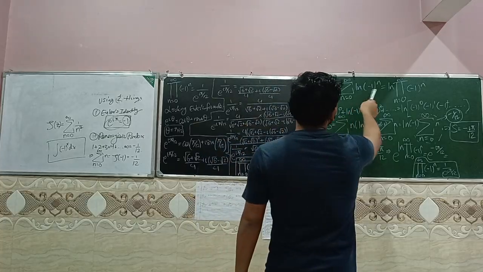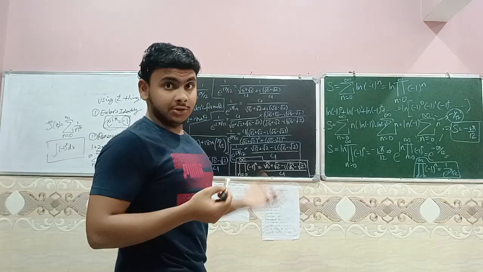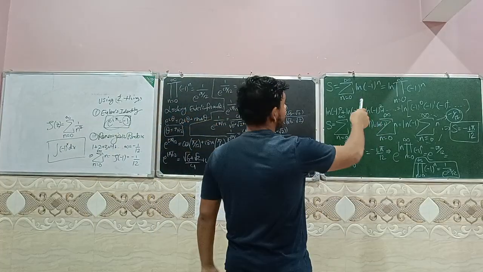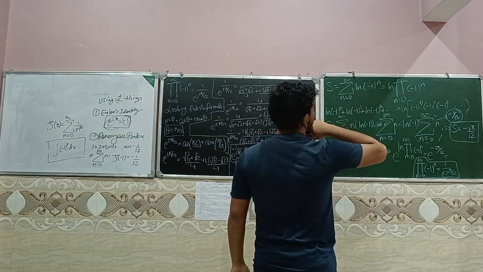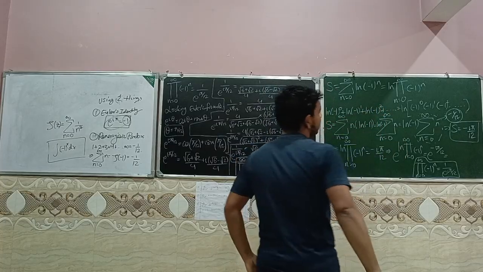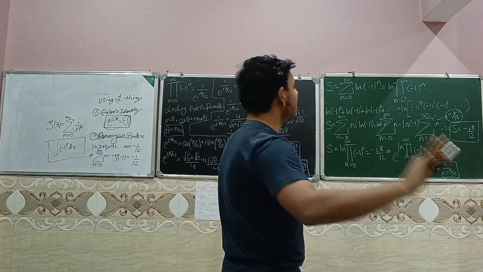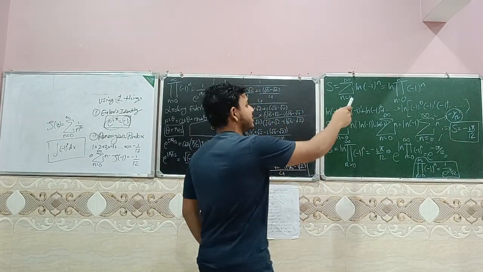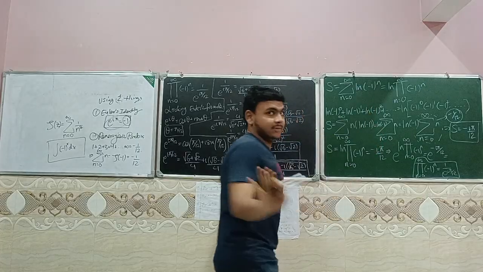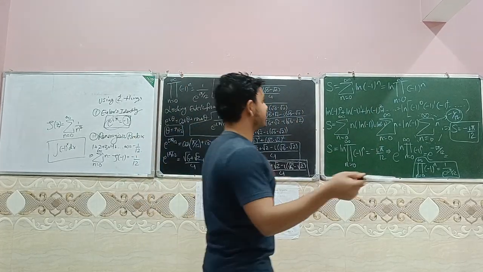Then I thought to introduce a natural logarithm to convert this summation into a product, right? So everything seems good. In this video, we are going to evaluate this summation using these two things. So let's begin with that.